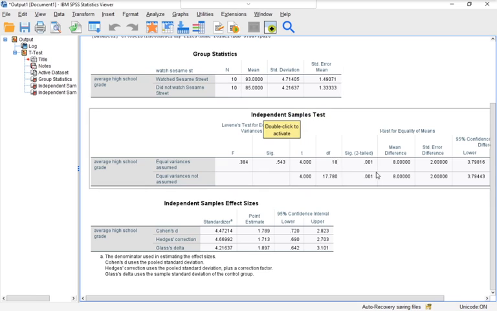SPSS automatically calculates the critical t value, so what t value to compare our t-statistic to, right? That's how we figure out significance. We calculate the t-statistic, and then from the table, we have our critical t.